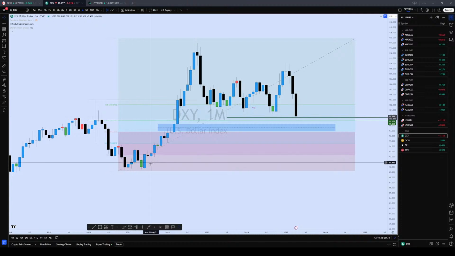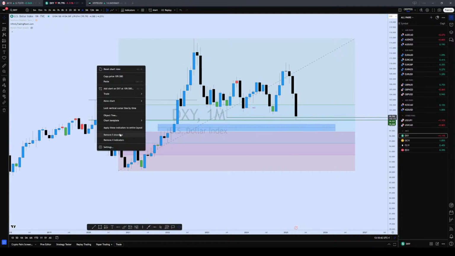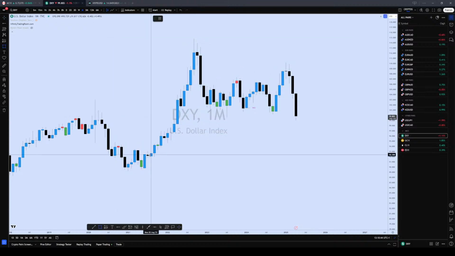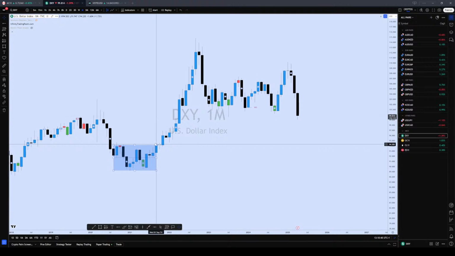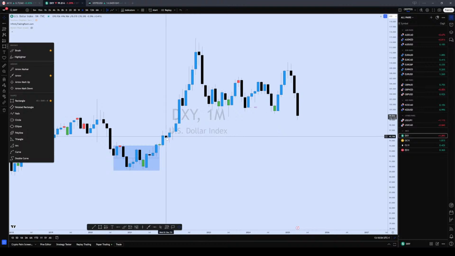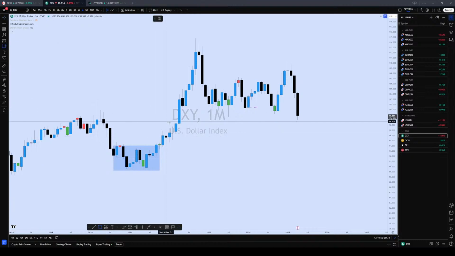So we have this area as a consolidation. Then we had our first area of accumulation in here. Then we had our second area of accumulation in there.